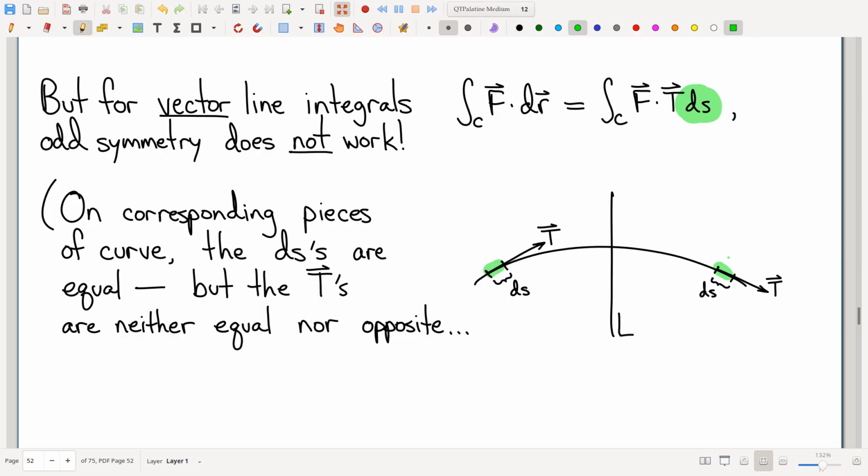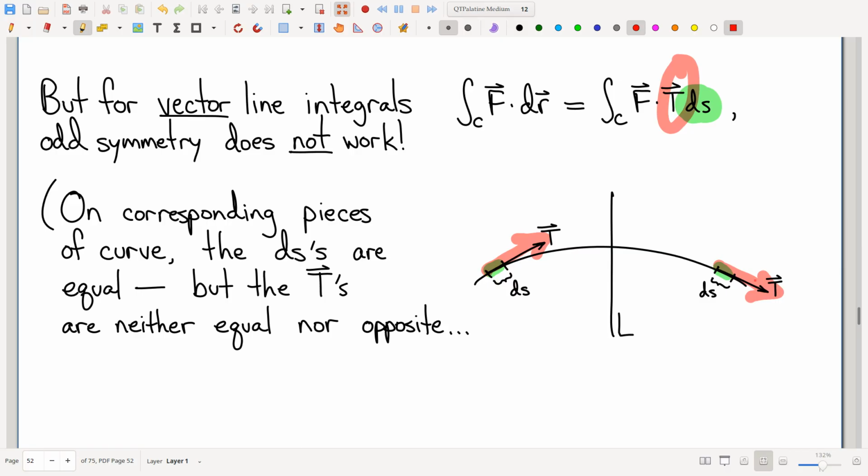But because this is a vector line integral, we also have to look at the t vector. And if you look at the corresponding t vectors here, these unit tangent vectors, they're not the same. The ds's are the same. The t vectors are different. And they're worse than different. They're not the same, and they're not negatives of each other either. They're just different. Does that make sense to everybody?